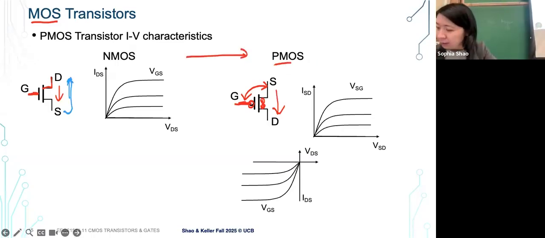So when we talk about behaviors, instead of the voltage from drain to source, source is the high potential terminal and drain is the low potential terminal. Similarly, source is the high potential terminal and the gate is the low potential terminal here. We'll talk a little bit more when we get to PMOS and NMOS, but it is basically the flipped version of NMOS.